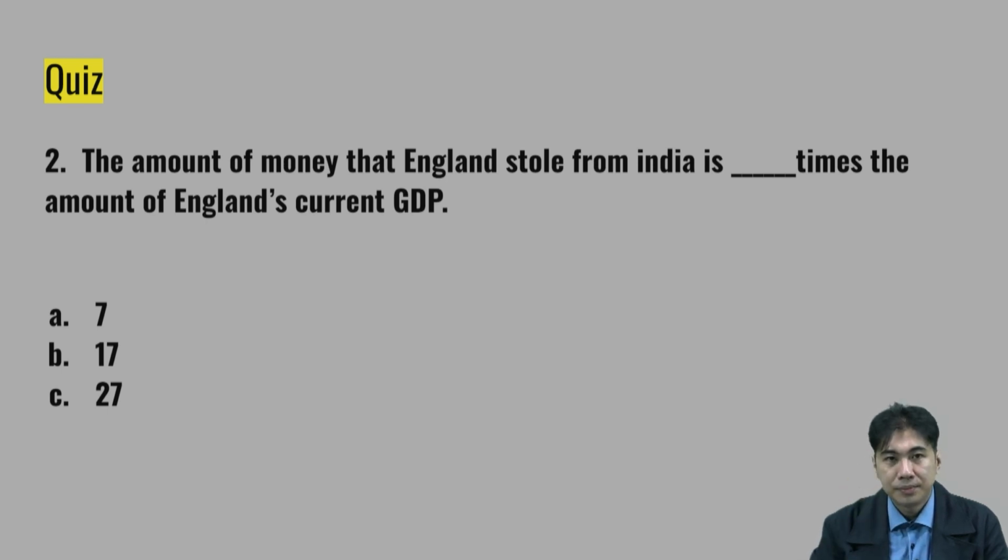The amount of money that England stole from India is blank times the amount of England's current GDP. A, 7 times, B, 17 times, or C, 27 times. Okay. Number 3.